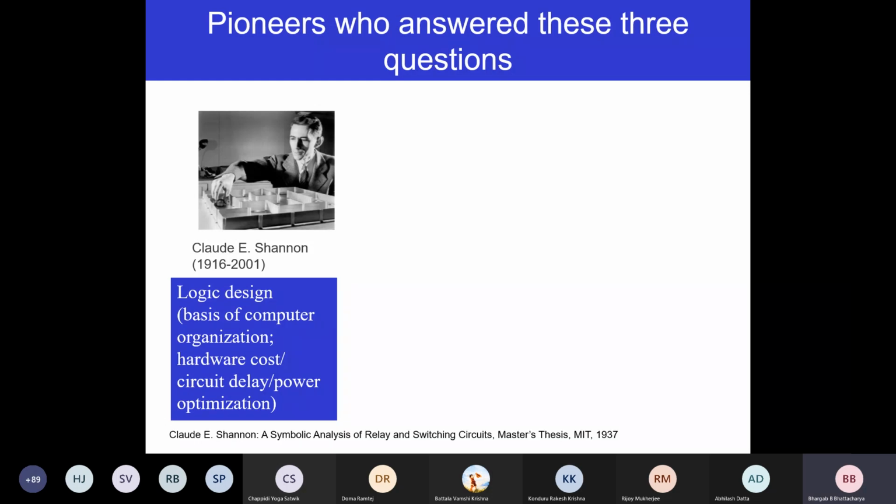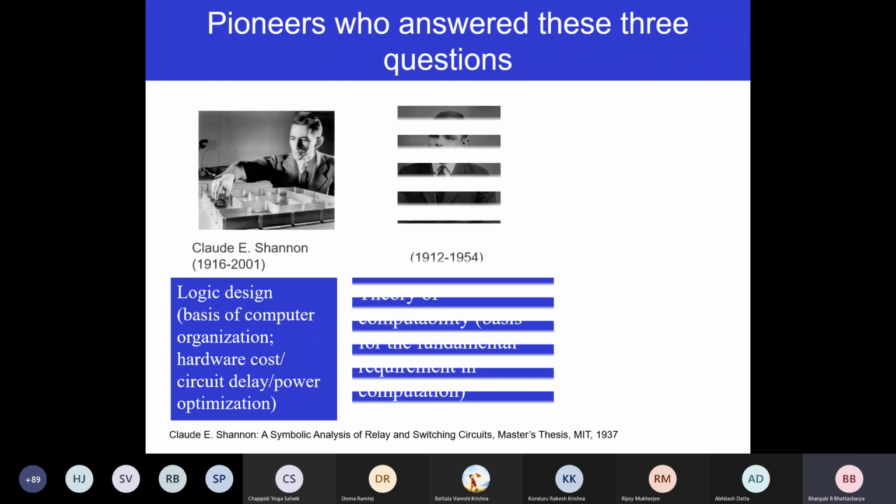In his master's thesis, A Symbolic Analysis of Relay and Switching Circuits, he showed that Boolean algebra can be used for modeling the behavior of switching circuits, and the properties of Boolean algebra can be used to minimize or optimize the cost of the logic. In fact, modern logic synthesis, which allows you to design very large computers, is also based on Shannon's fundamental results.